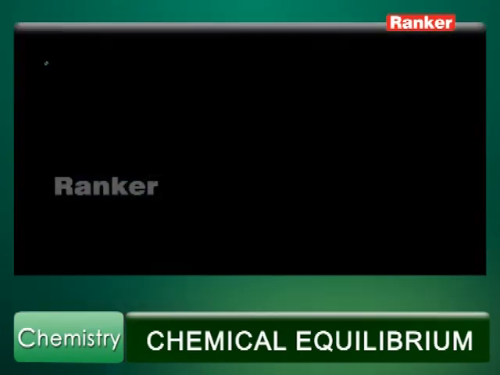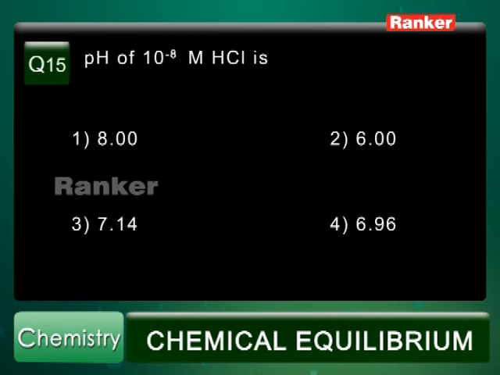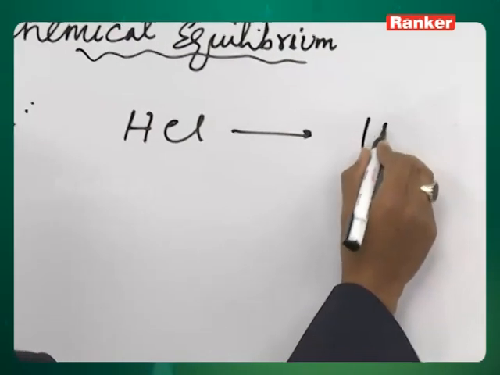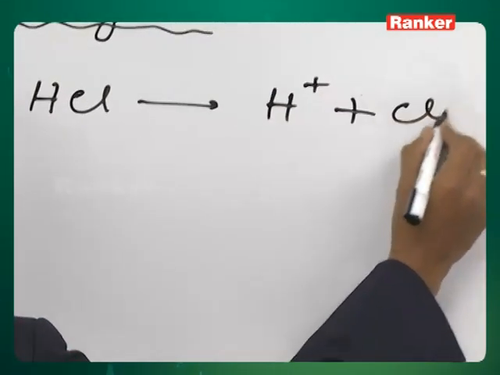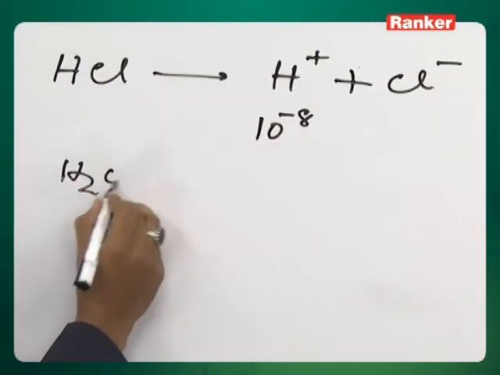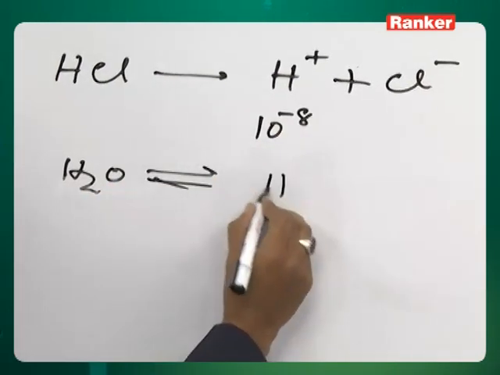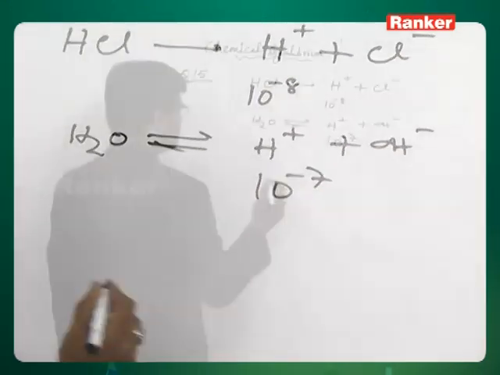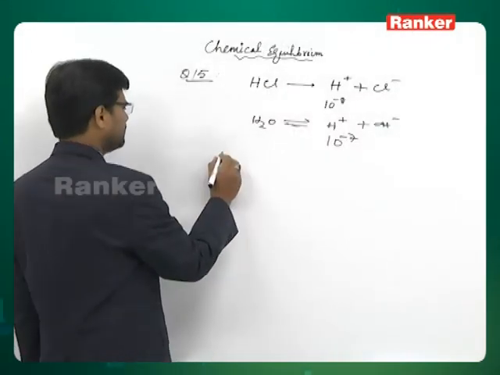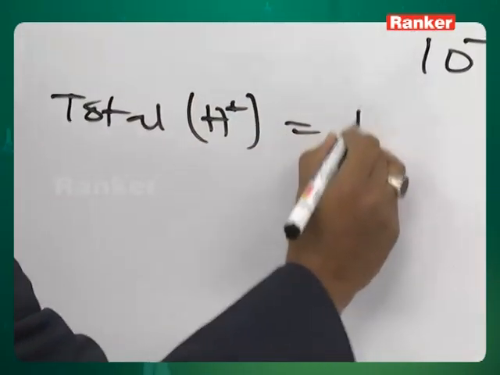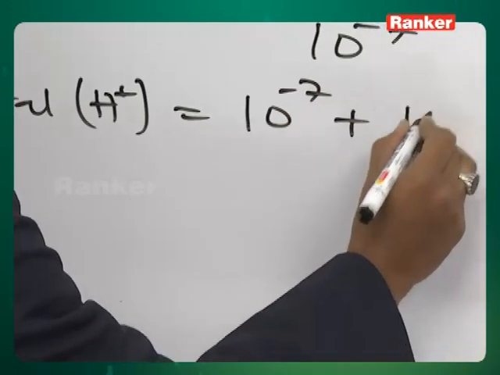Question number 15. pH of 10 raised to minus 8 molar HCl is. HCl dissociates to give H plus plus Cl minus. This is 10 raised to minus 8. We need to consider the dissociation of water also. H plus plus OH minus, this you take as 10 raised to minus 7. So, total H plus concentration will be 10 raised to minus 7 plus 10 raised to minus 8.